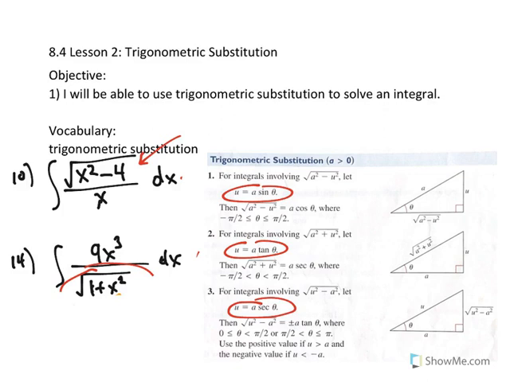One thing that we did see from our examples today is that the answers could be expressed in different but equivalent forms. The antiderivatives could be expressed in different but equivalent forms.